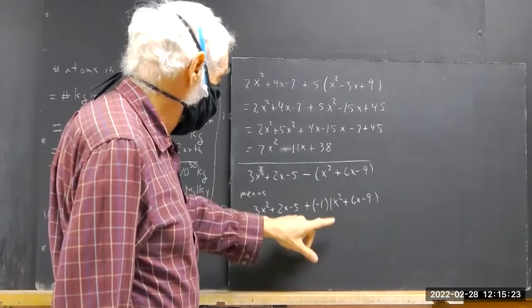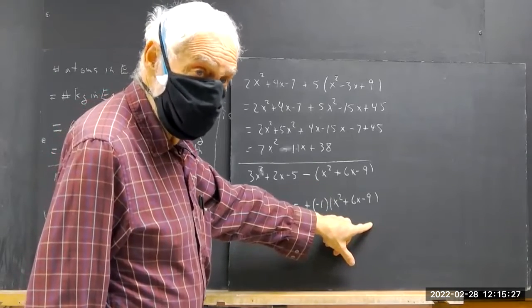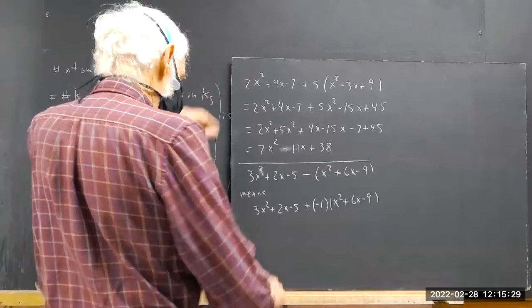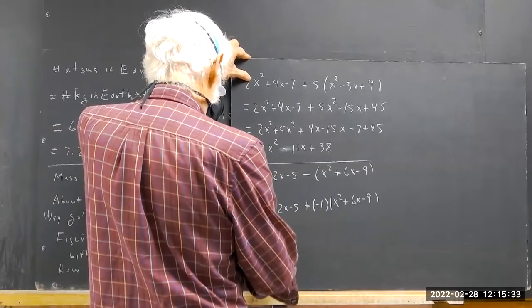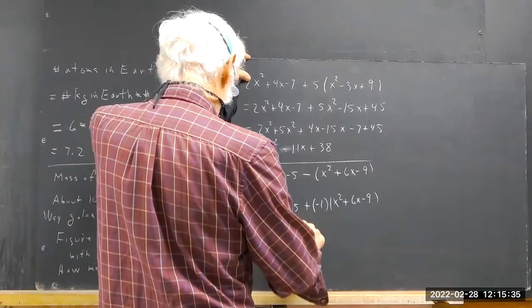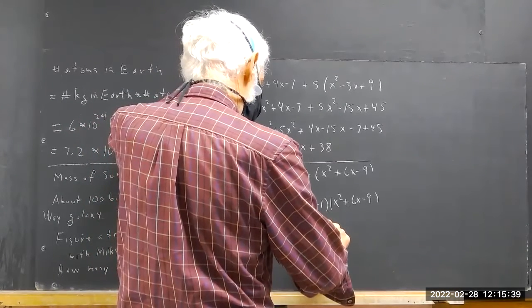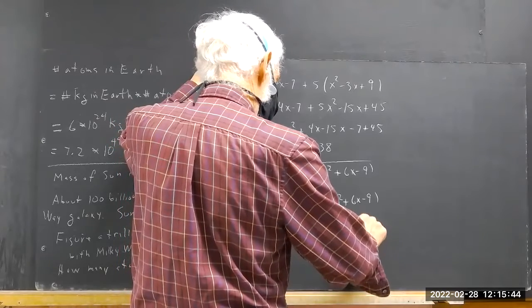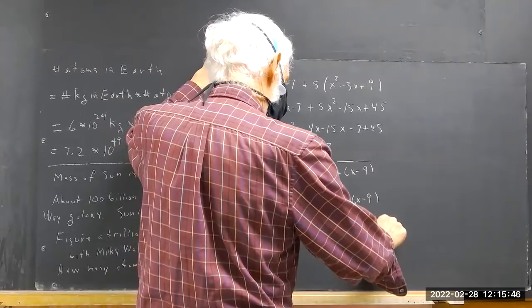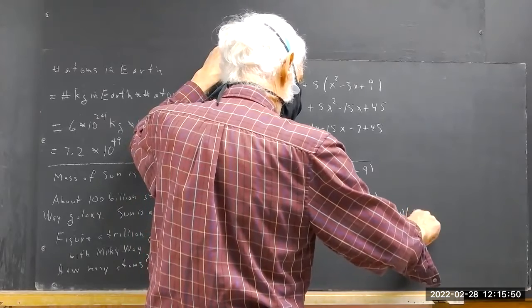Negative in front here means you add a -1 times that thing, okay? And that's 3x squared plus 2x minus 5 plus what? -1 times x squared plus -1 times 6x plus -1 times -9.